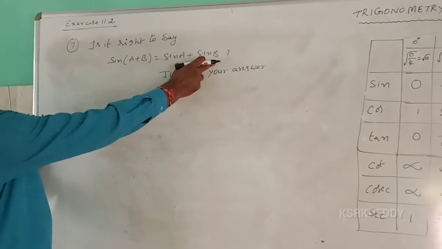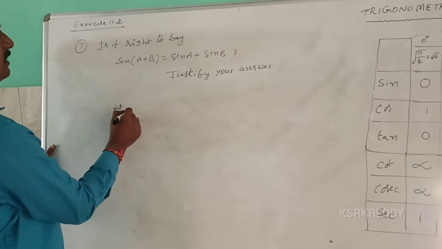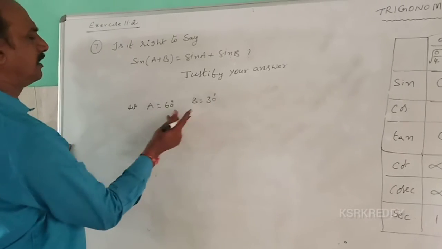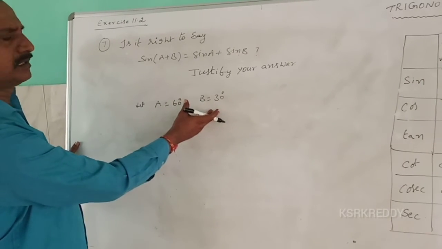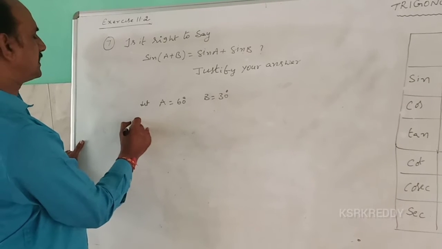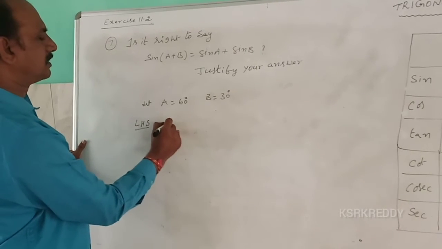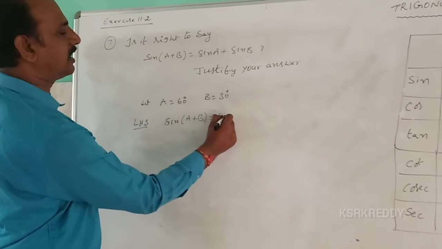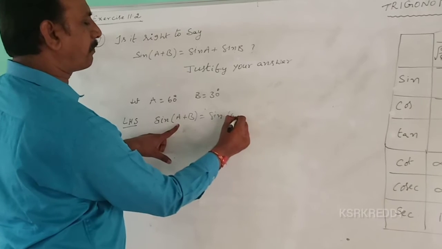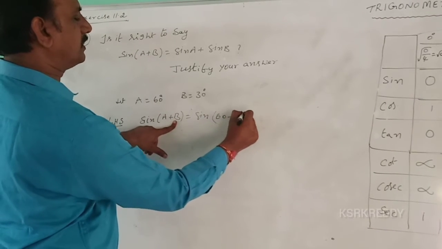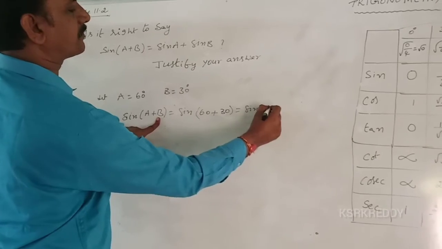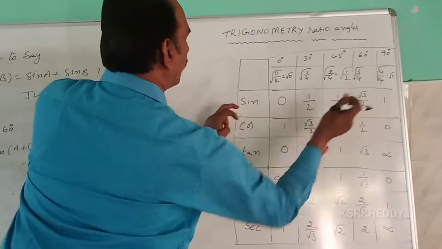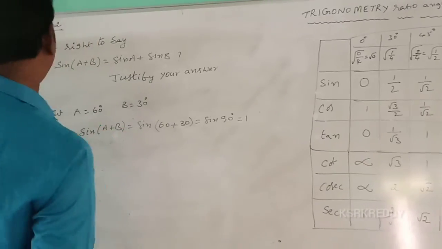Sin A plus sin B. First, let us take A equal to 60, for example, and B equal to 30, or A equal to 30 and B equal to 60. First the LHS: sin of A plus B is equal to sin of 60 plus 30, that is sin 90. Sin 90 is equal to 1. That is the LHS.